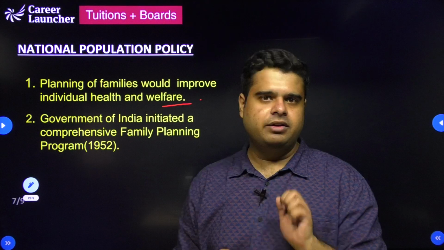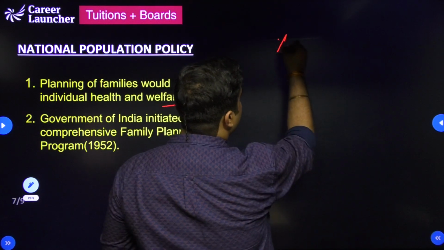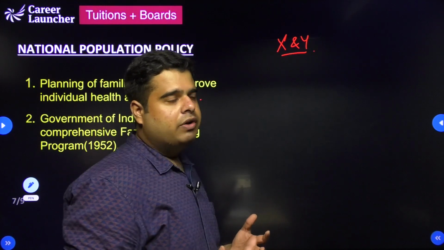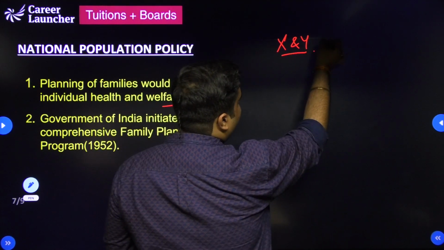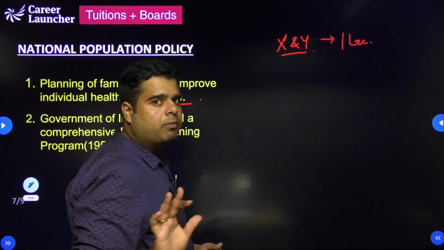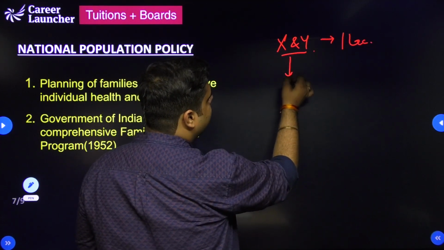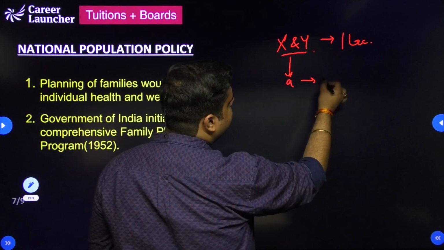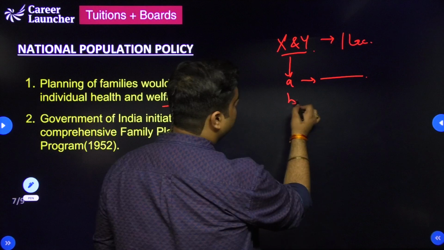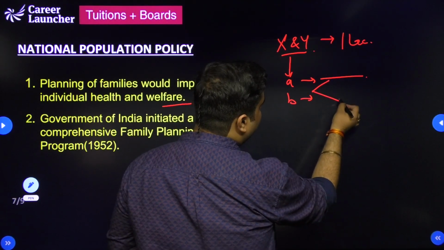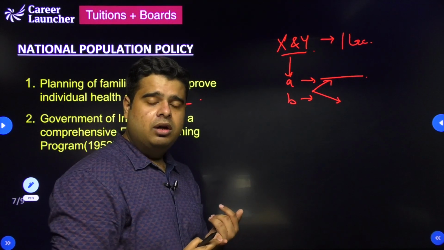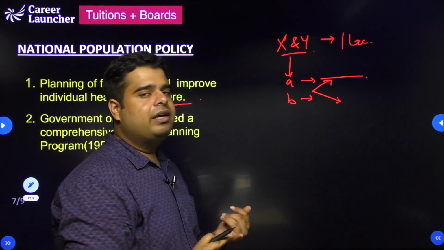Let's understand it with an example. Suppose X and Y are husband and wife and they are planning to have children. If X and Y together are earning 1 lakh per month, suppose, and they have one child, then they can easily accommodate all the requirements of their child. But if they have 2 children, then they will have to split their resources, be it monetary, on the parental level, or anything.